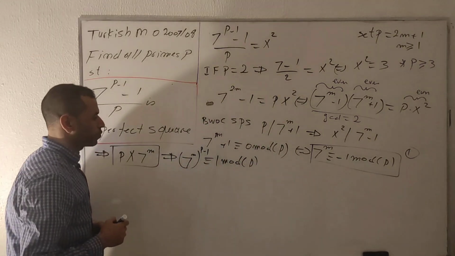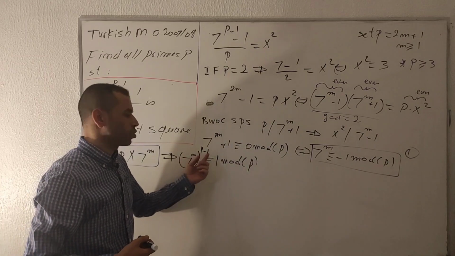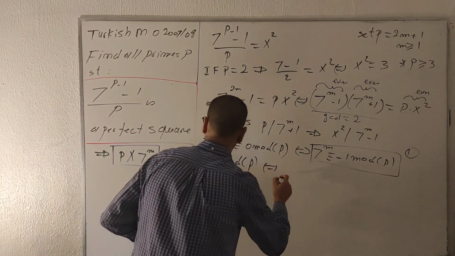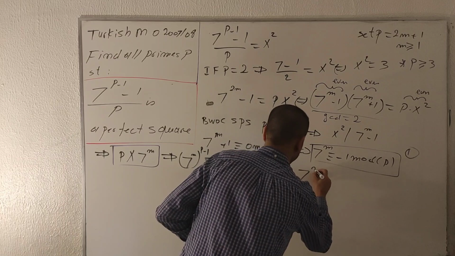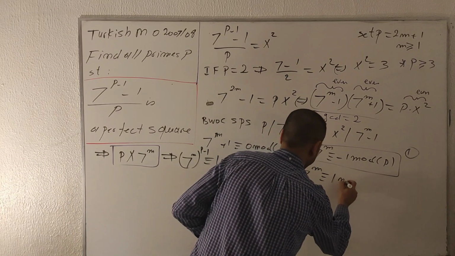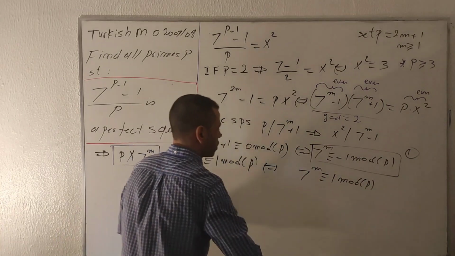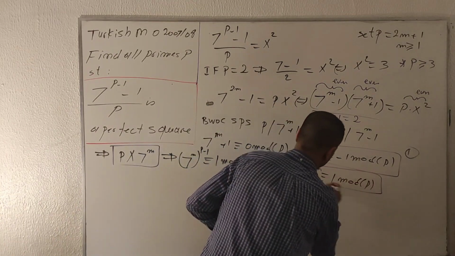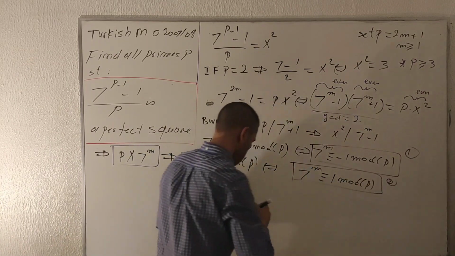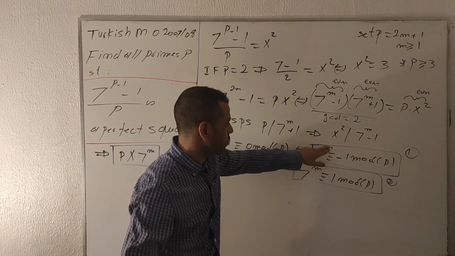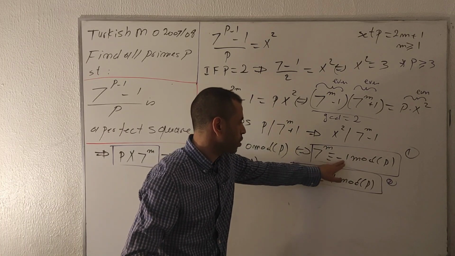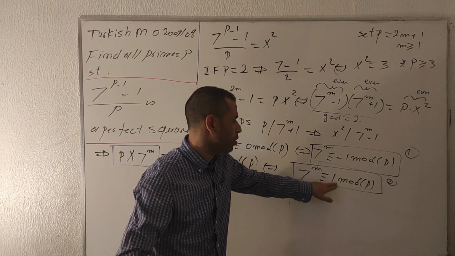By taking this exponent off, equivalently 7^m is congruent to 1 mod p. Here is the second statement, statement number 2. So we have the same number, 7^m, congruent to minus 1 and at the same time congruent to 1 mod p.